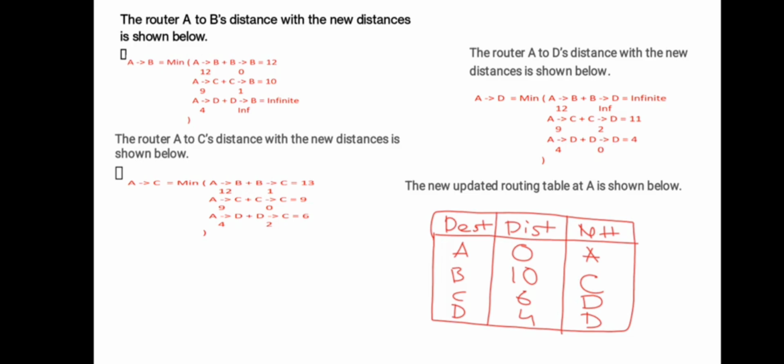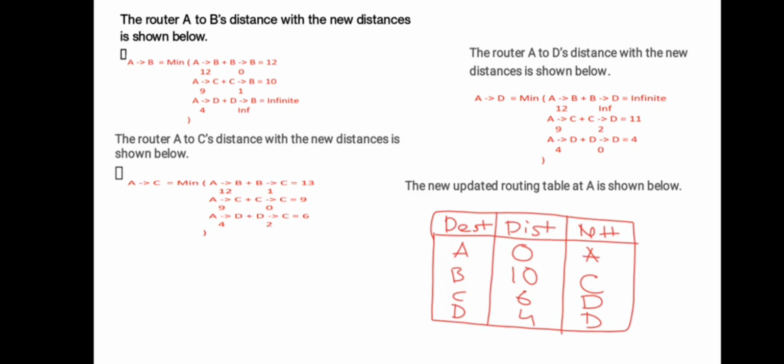Means 12 plus 0 is 12, and next neighbor node is A to C. So A to C distance is 9 and C to B distance is 1, so 9 plus 1 is 10, and next neighbor node is A to D plus D to B. A to D is 4 and D to B is infinite, so final answer is infinite. So these new values are put in the new updated routing table.